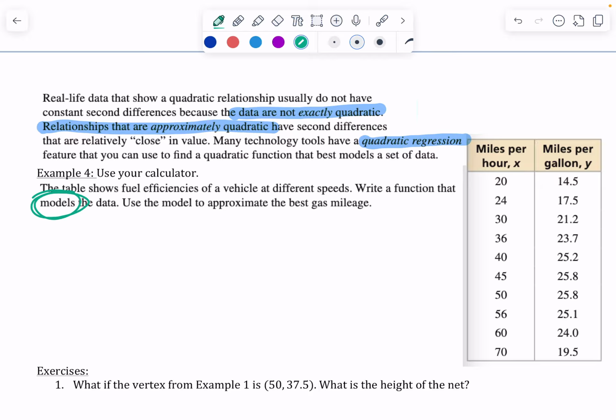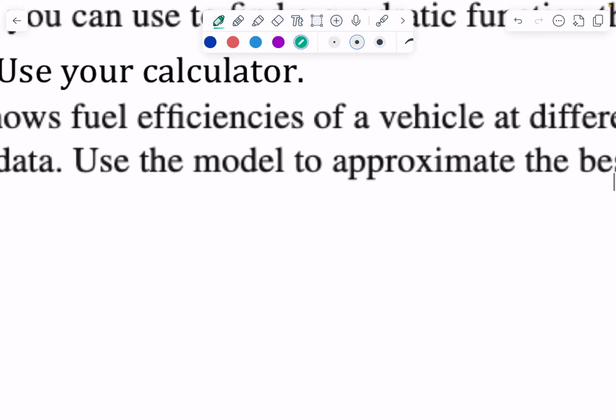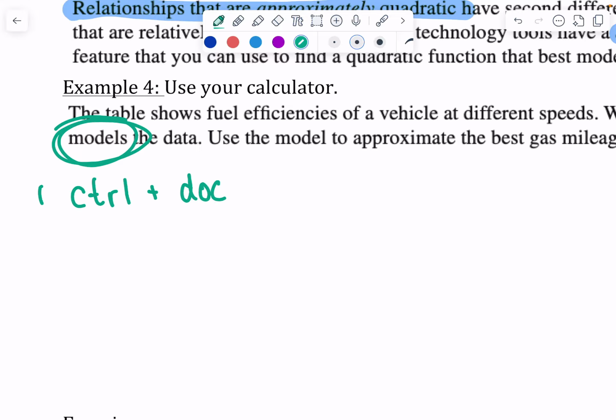So let's just review. To use our calculator to do this, we have to click Control and Dock, and then we click Lists and Spreadsheets.